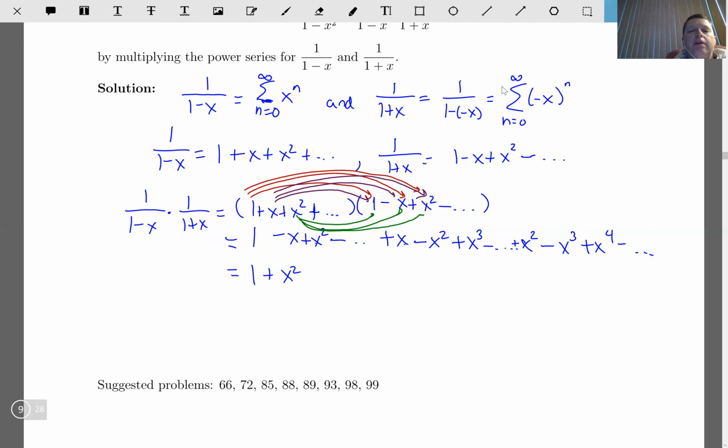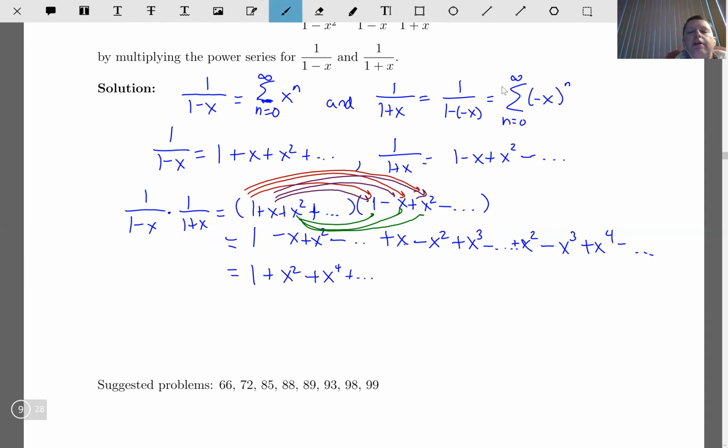And if I actually did a little bit more, I would get other things happening. The x cubes are going to cancel. Then I would have plus x to the 4th.